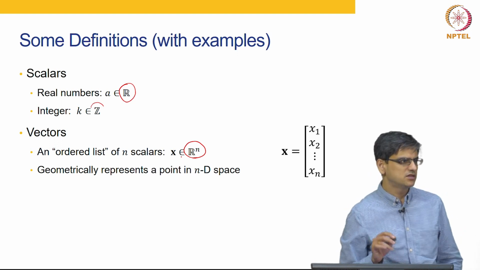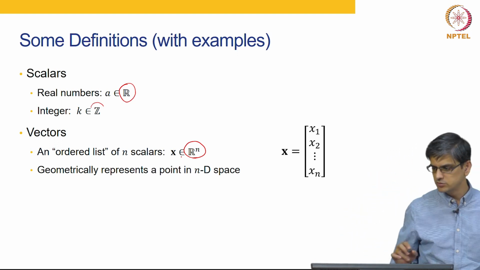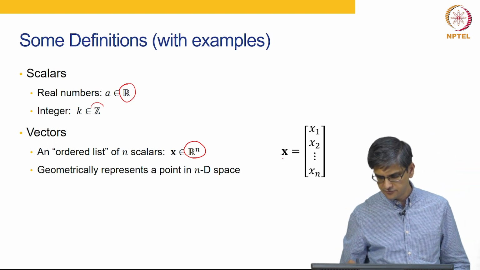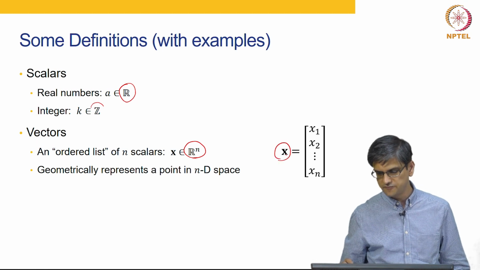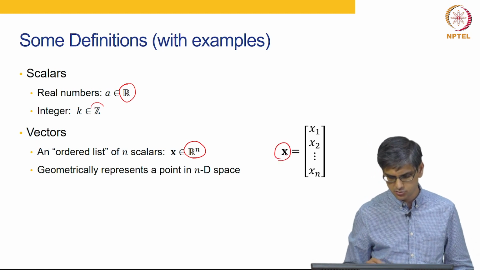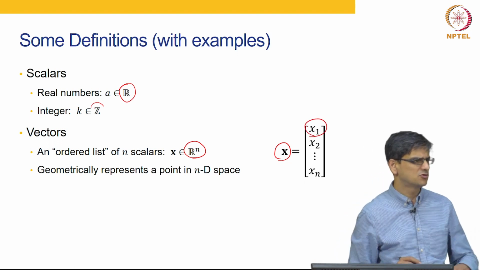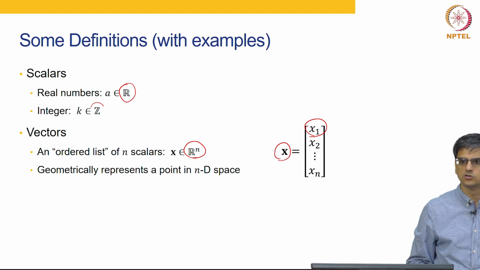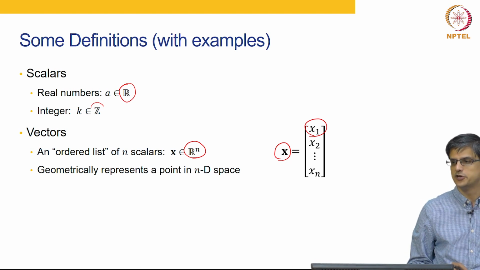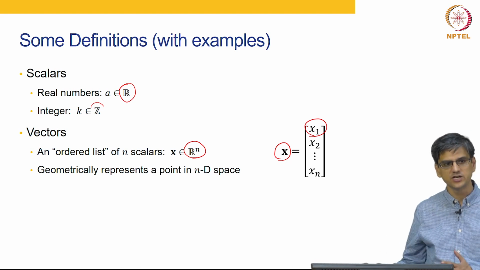Only in this lecture I'm going to represent vectors using boldface and scalars using unbolded letters. This is because we are going to talk about scalars and vectors in today's lecture, as well as in week 1.